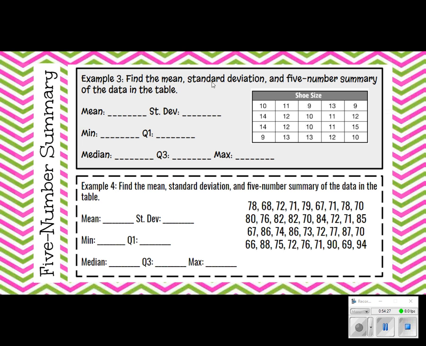So here we have a table of shoe sizes, and we need to give pretty much everything that they're asking for. But sometimes they actually just say, give me the 5-number summary, and you have to know what that means. So you need to make sure you are labeling these, especially when you're writing things down on notebook paper for me to grade for homework.